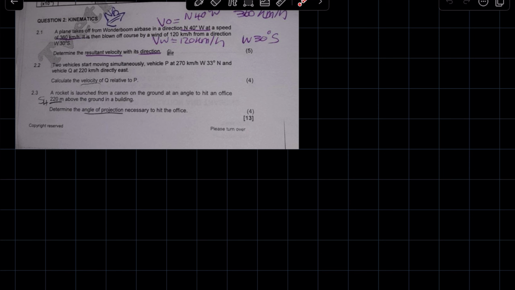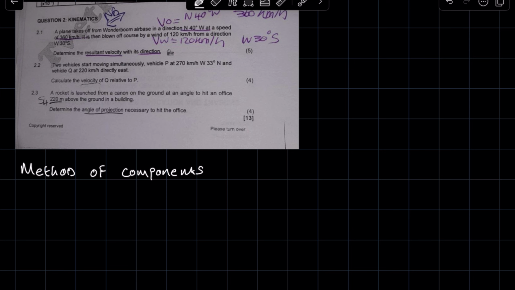Just like in relative velocity, we use two methods in calculating what we need to determine: the method of components, as well as the parallelogram method.